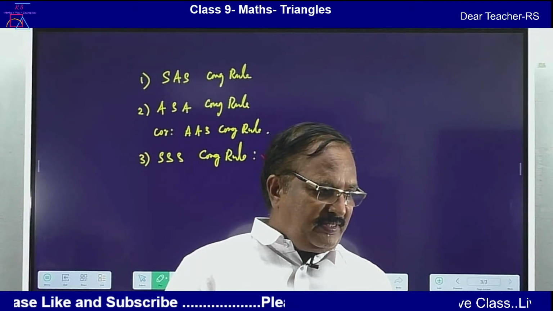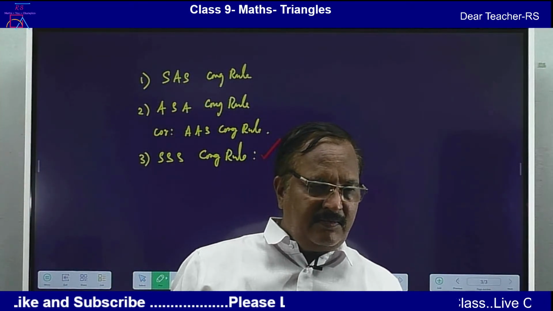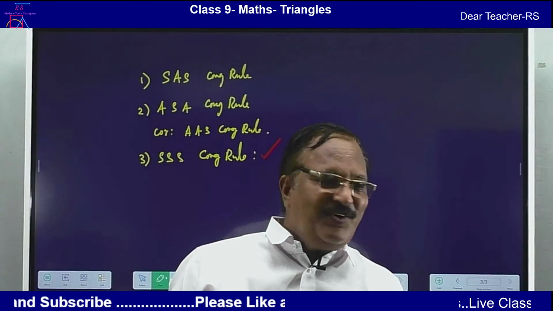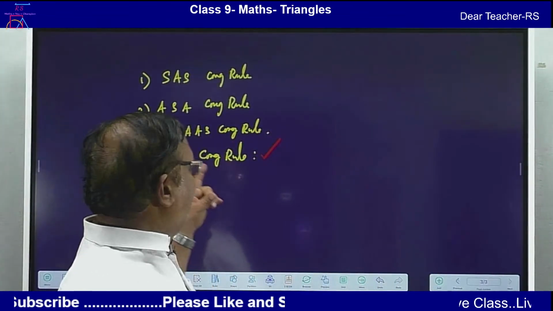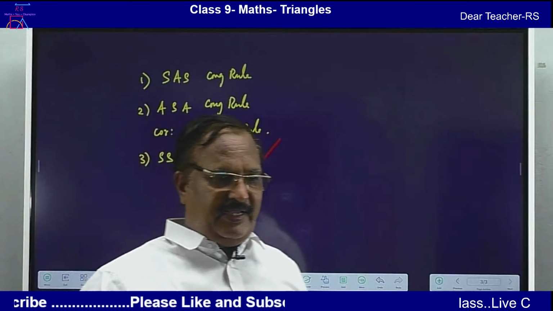Can anybody repeat? Three sides of one triangle equal to three sides of another triangle, then both the triangles are congruent by SSS congruency criteria or rule.